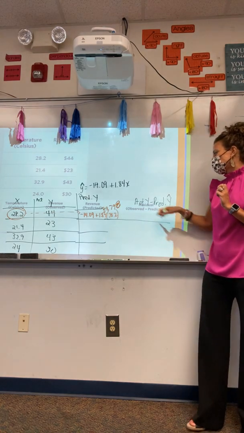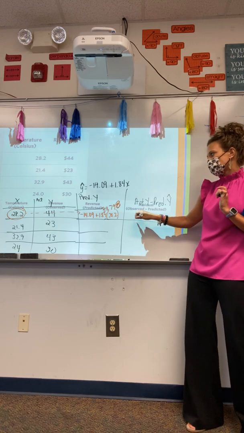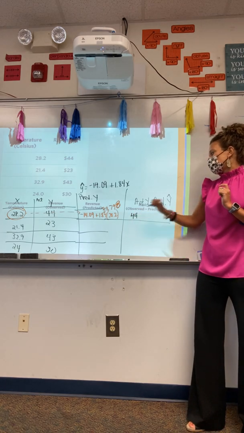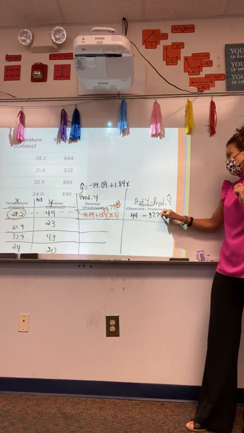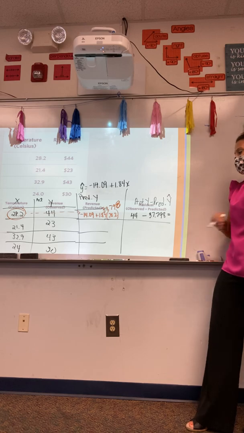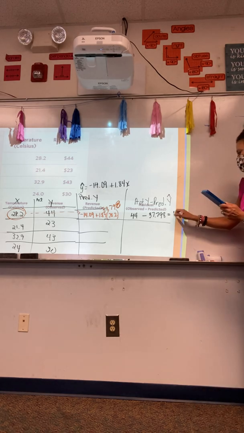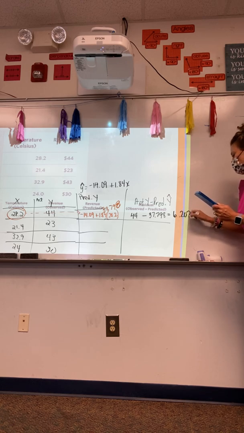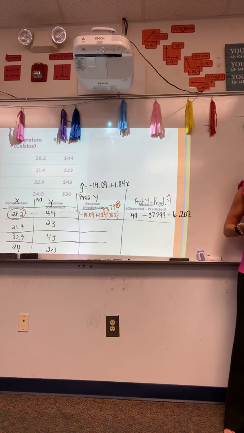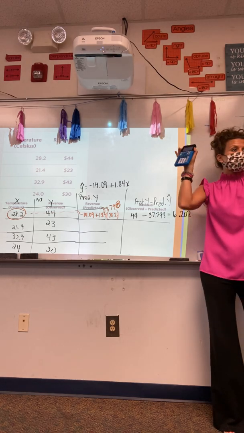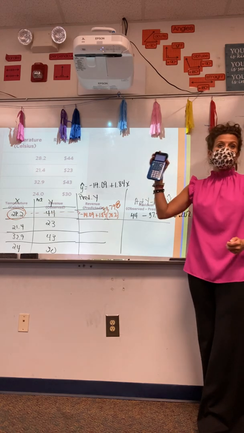So I'm going to do my actual Y, which was 44, and take away from that the 37.798, and that will give me how far off I am. And I got 6.202. Are you there? Do y'all remember how to find residuals in your calculator? Okay, I'm about to show you so we can compare our answer.